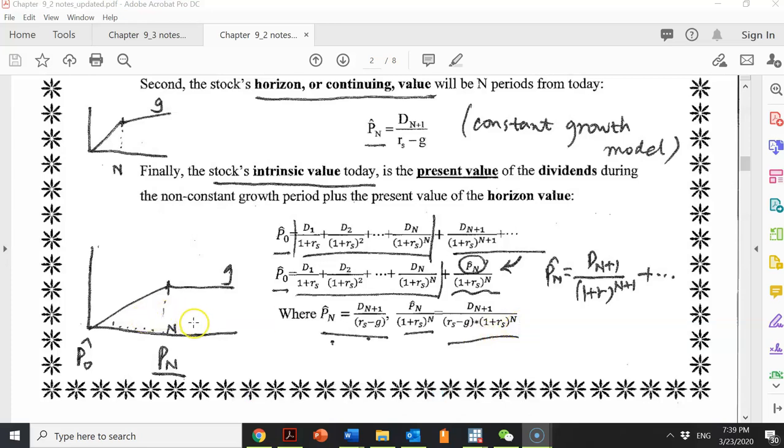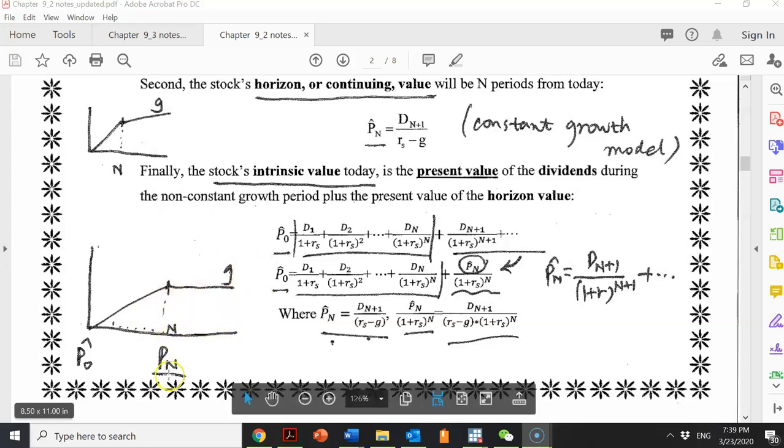So we use the constant growth model to discount all the dividends in the second stage to time n. So we have Pn. And then we discount Pn, and also discount all the dividends in the first stage. So we have P0.